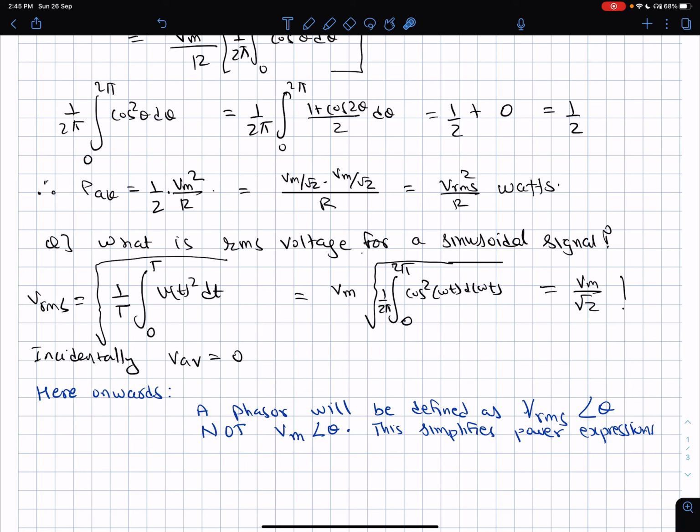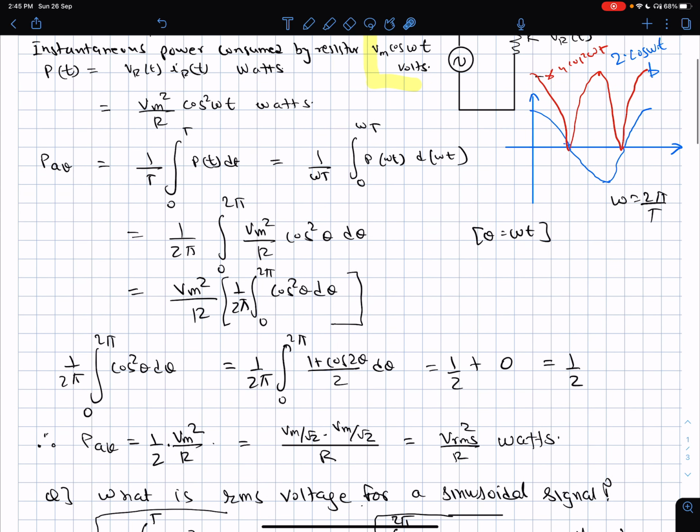Or if it's a current signal, then Im by root 2 will be the root mean square value of the current signal. Incidentally, the average value of a sinusoid is always 0. Why? Because this area, let's say, is positive, then this area is negative, and if you add these, this positive area will cancel out with this negative area, and this positive area by symmetry will cancel out with this negative area, so you get two pluses and two minuses, and therefore the net is 0.